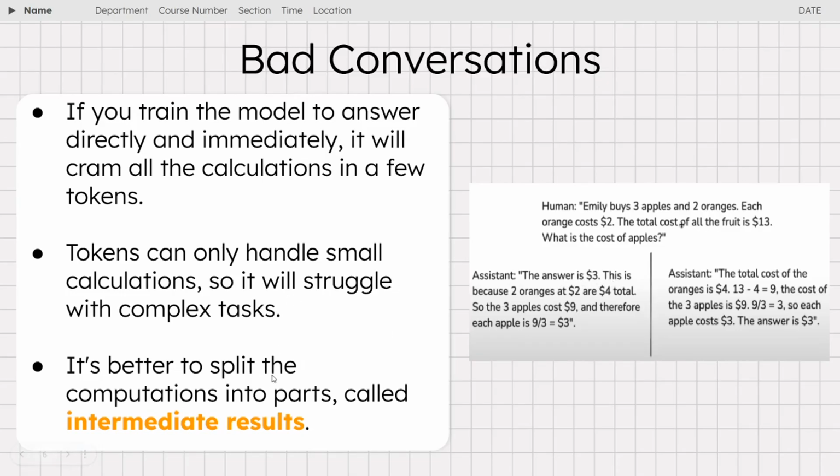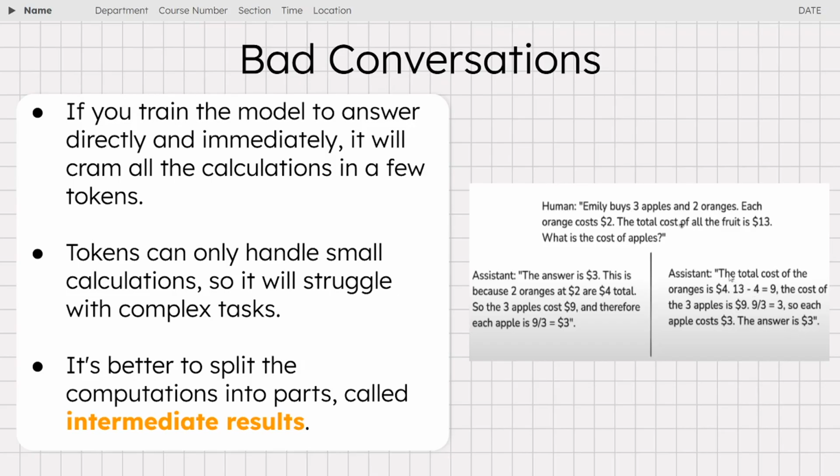It is better to split the computation into parts called intermediate results. As you can see here, it first splits the calculation into the price of the oranges, which calculates to 4. And from the 4, it calculates the price of the apples. So it's spreading the calculation throughout all these different tokens, and it finally gets the answer here.